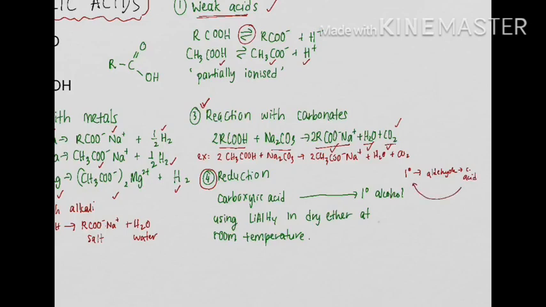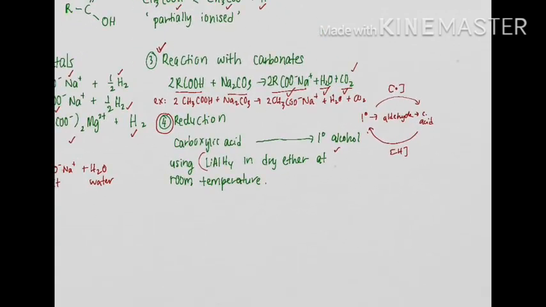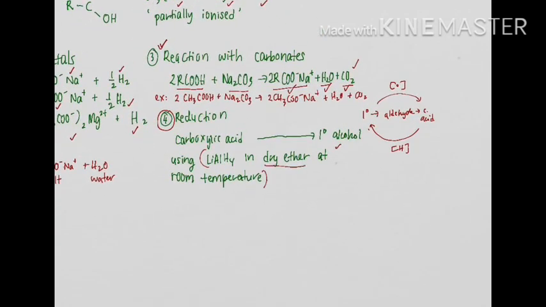Carboxylic acid can be reduced to become primary alcohol. The reagent that you need here is LiAlH4 in dry ether at room temperature. So you need to memorize this.